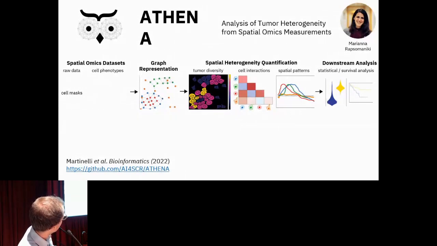And this graph representation is then the main input in our quantification module, where we characterize different aspects of this graph and also quantify different interactions that we see in this graph. And those quantifications you can then extract with our tool and use for further downstream analysis tasks.